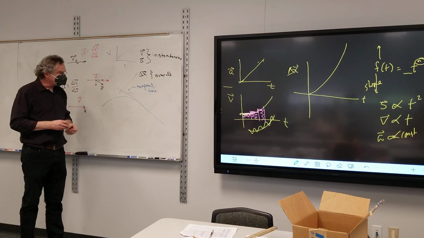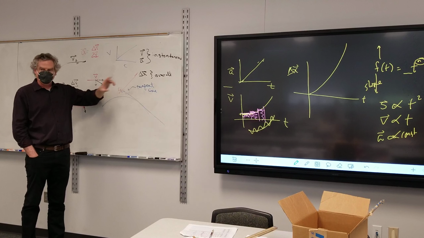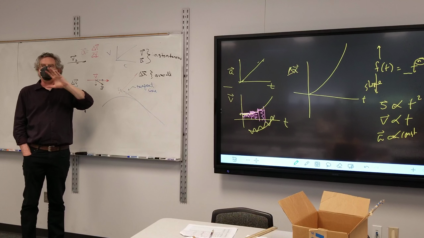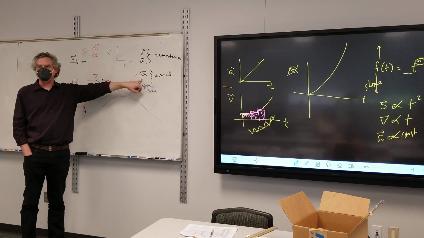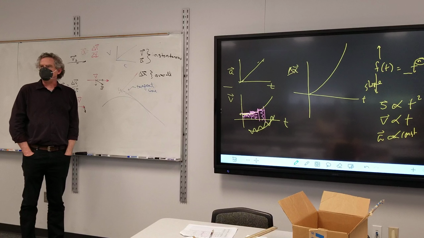If displacement is constant, without any other qualifiers, whether it's 0 or not is irrelevant. If displacement is constant, that means my overall displacement, where I am relative to where I started, is constant. What does that mean in terms of my motion? There is no motion, and a number of people miss that.